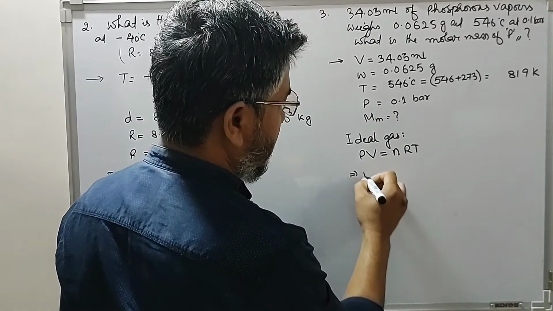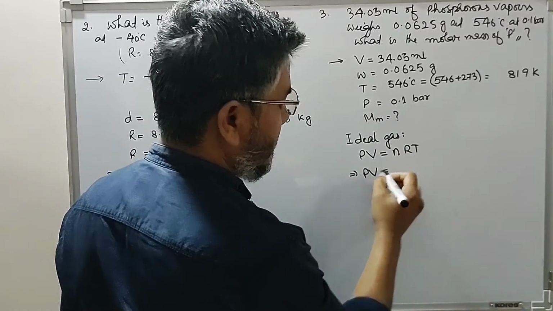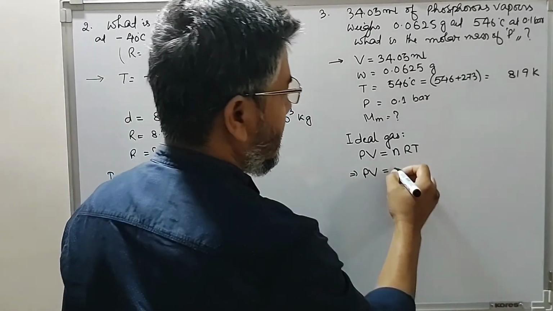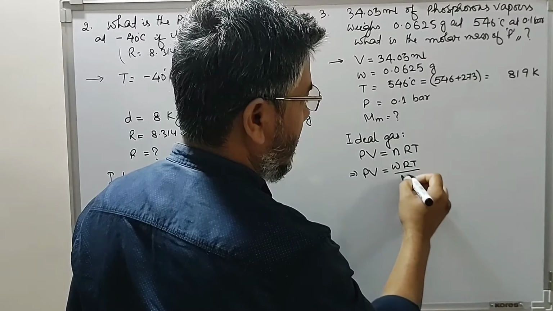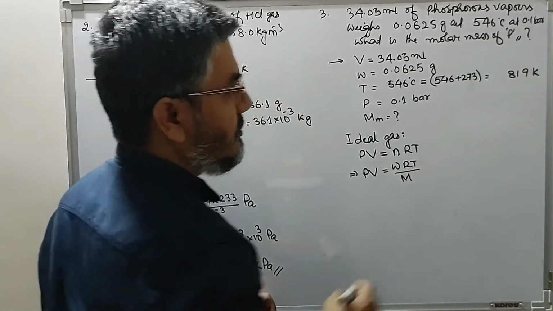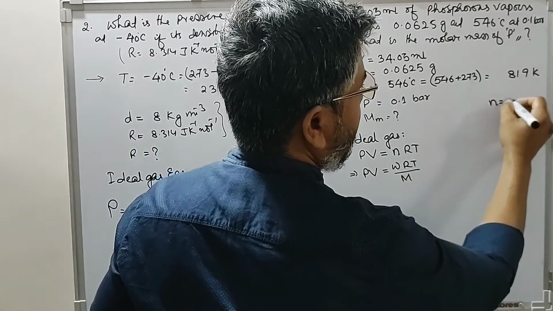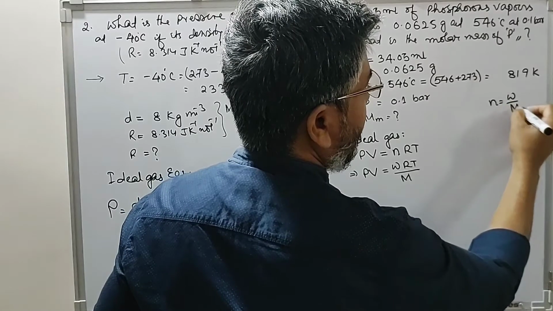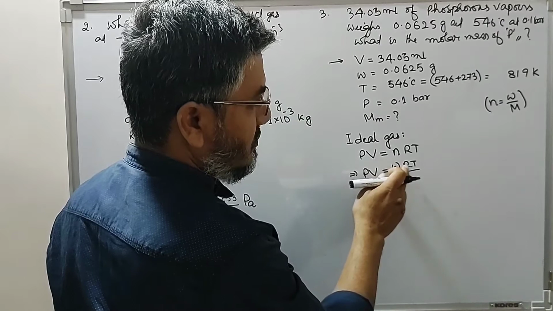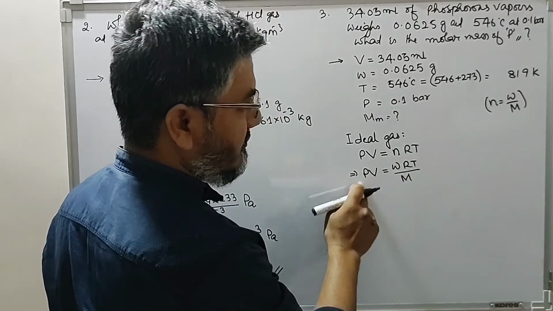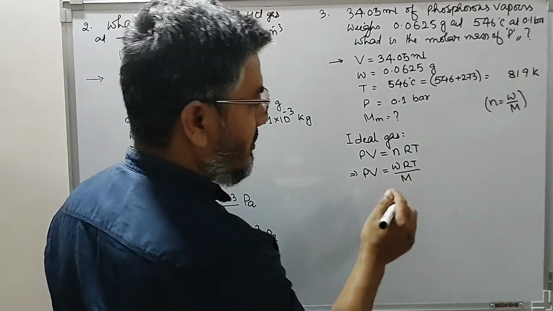So therefore look at this, pressure into volume is equals to nRT. n is number of moles, which is mass divided by molecular mass of the substance. So mass given, R constant, temperature given, pressure given, volume given, what is left is molecular mass.